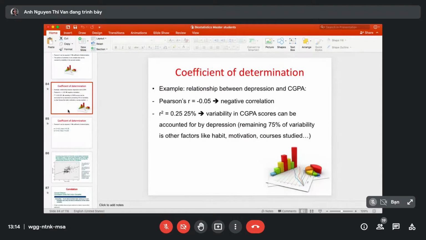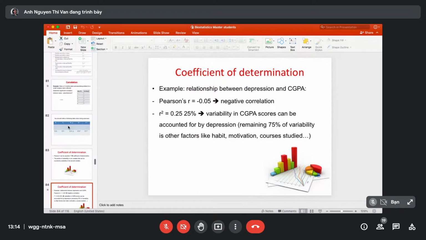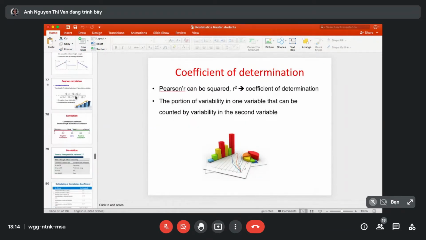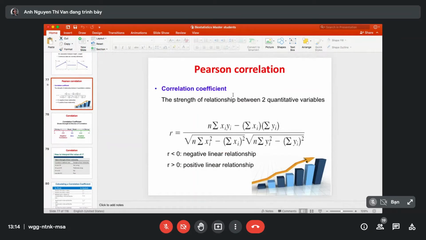Last time I already gave you the correlation coefficient R. To do this kind of test, we need to check the assumption about the normality of the data first.